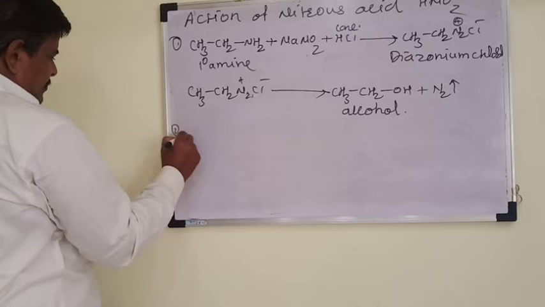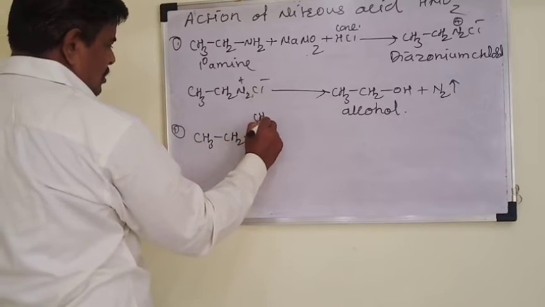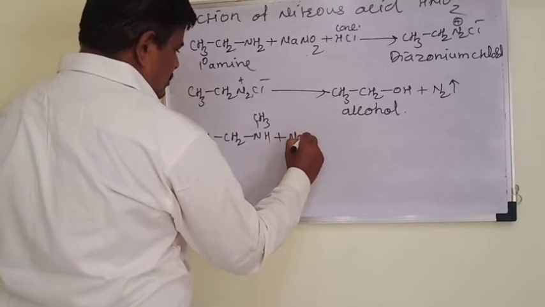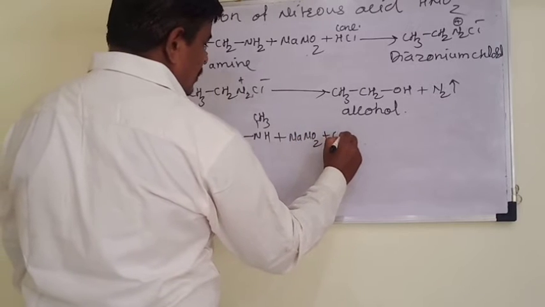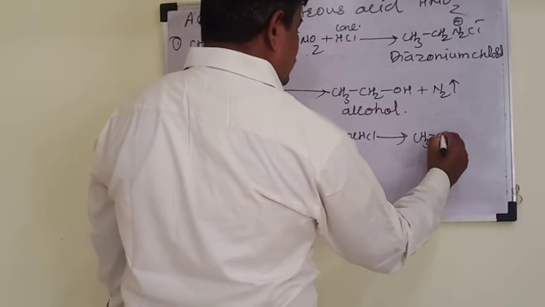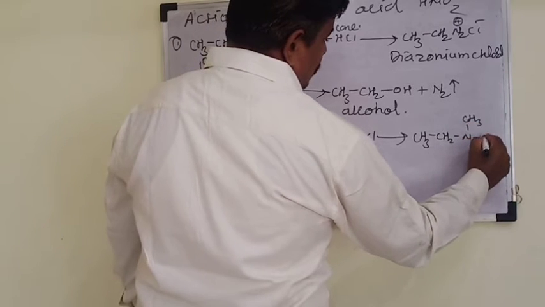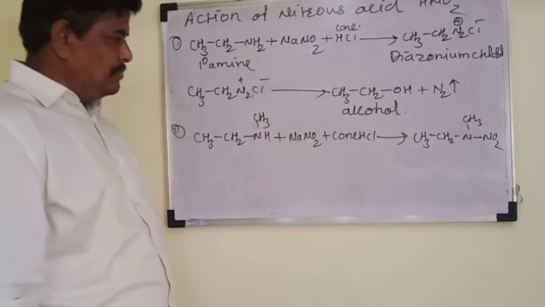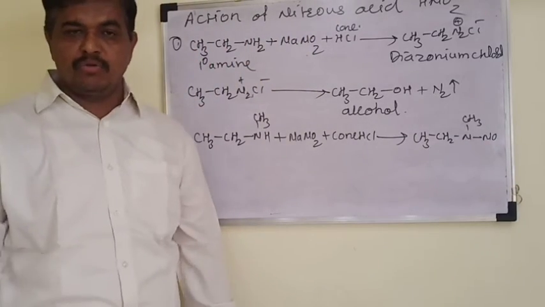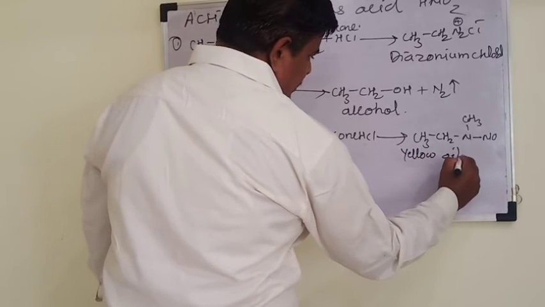If we consider a secondary amine, CH3CH2NHCH3, plus NaNO2 HCl, it gives CH3CH2N(CH3)NO. So it forms N-nitrosoamine, which is a yellow oily liquid.